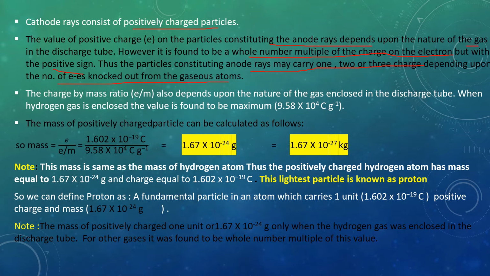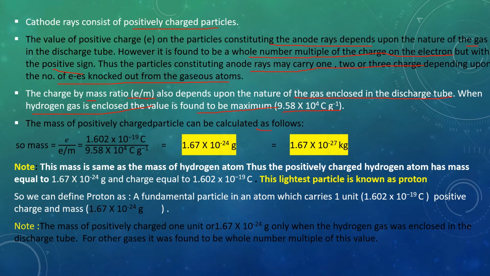Now the charge by mass ratio, that is e/m ratio, for these positive particles depends upon the nature of the gas enclosed in the discharge tube. When hydrogen gas is enclosed, the value is found to be maximum, that is 9.58 x 10^4 coulomb per gram, as the mass of hydrogen is minimum. Now the mass of the positively charged particle can be calculated as follows.